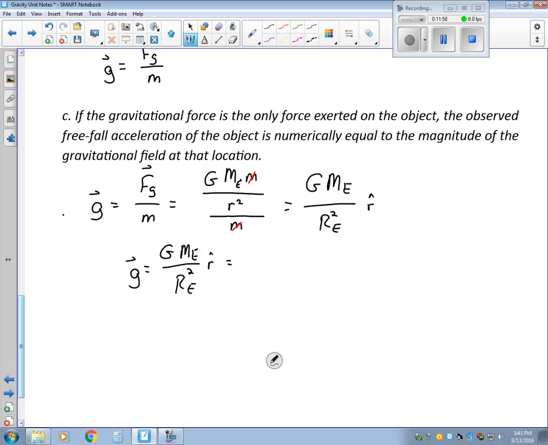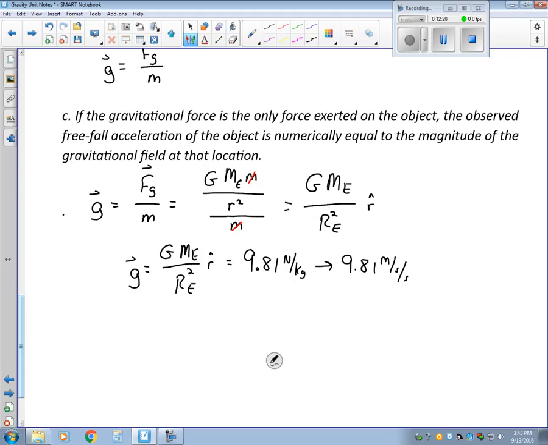Now we can look all these numbers up. We can look up the mass of the Earth, we can look up the radius of the Earth. What it comes out to is 9.81 newtons per kilogram, which you would recognize as the acceleration due to gravity.